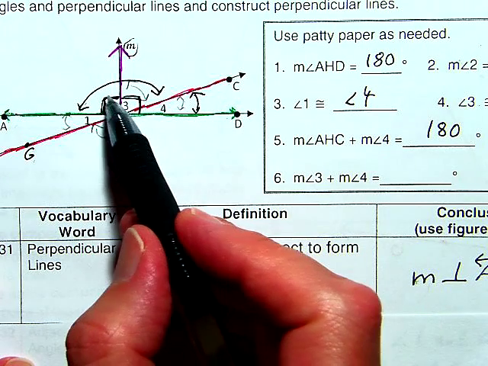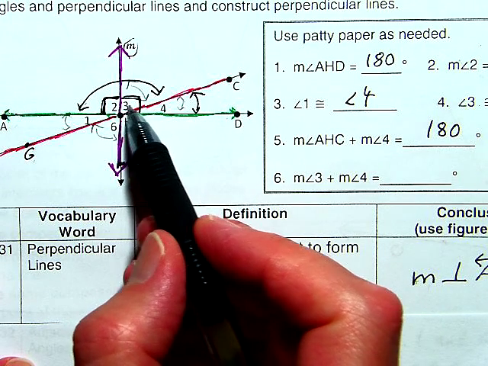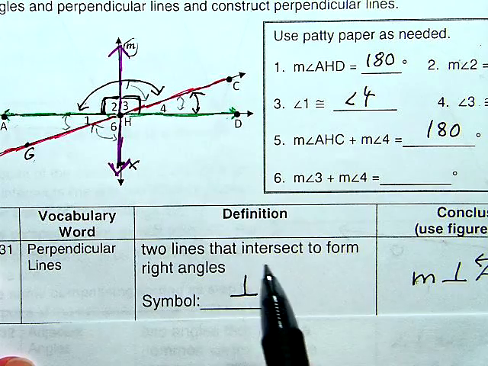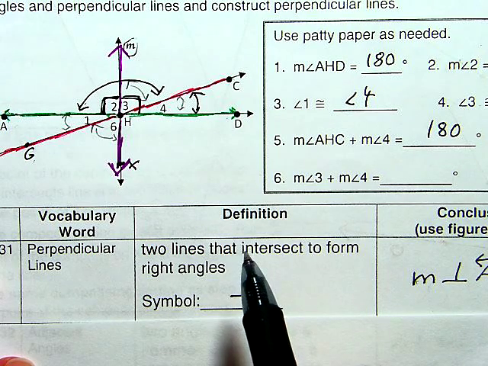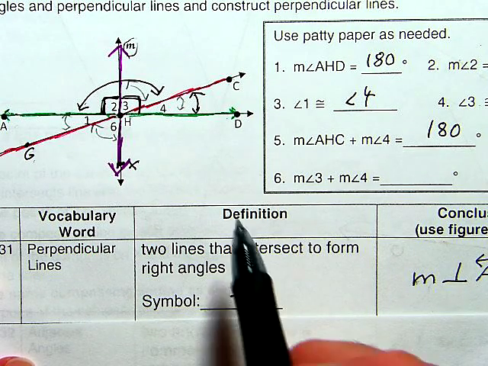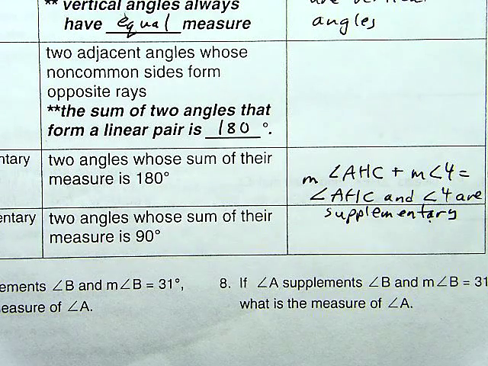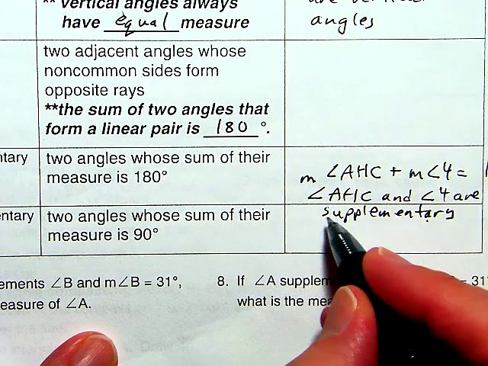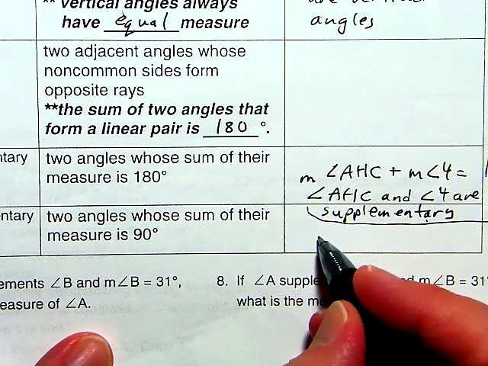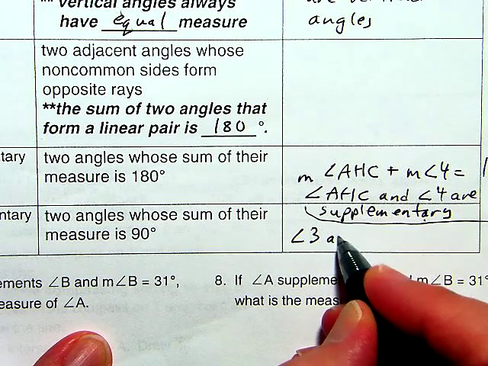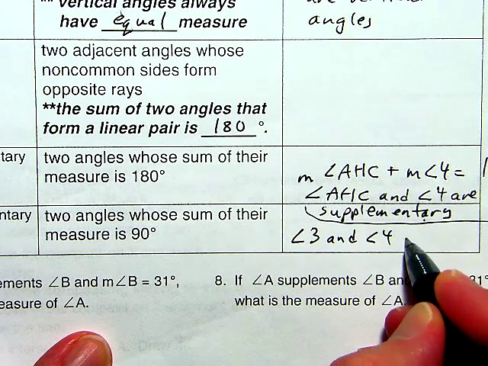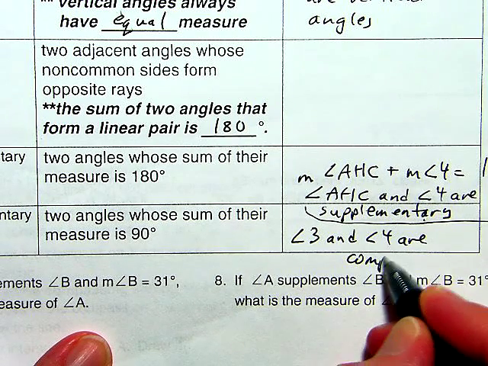But this right angle is the sum of angle 3 plus angle 4. So therefore, angle 3 and angle 4 are complementary angles. Let's go down here, and let's write then that angle 3 and angle 4 are complementary angles.